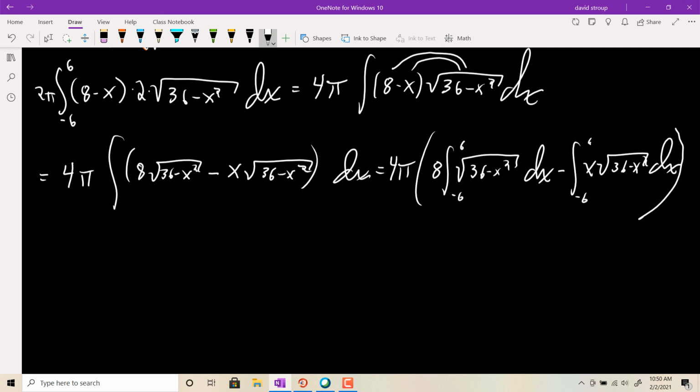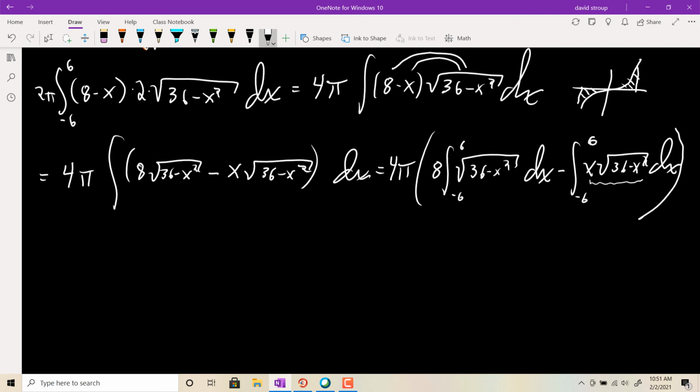The second integral, it may not be obvious, but the inside of the integral is an odd function. And when you're integrating over a symmetric region like that, the regions will cancel each other out.